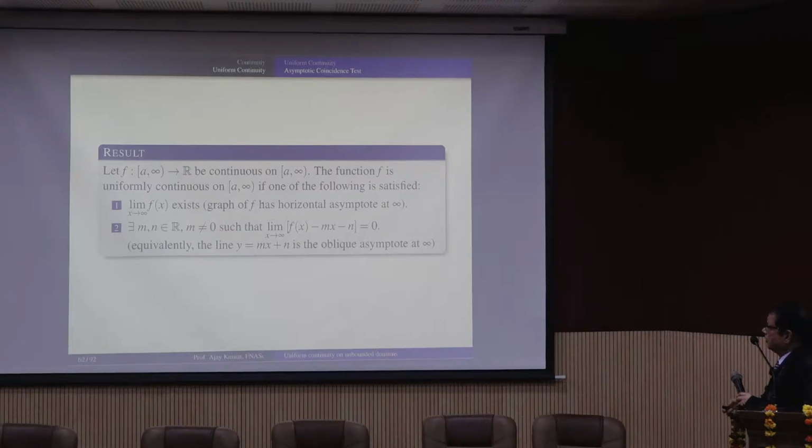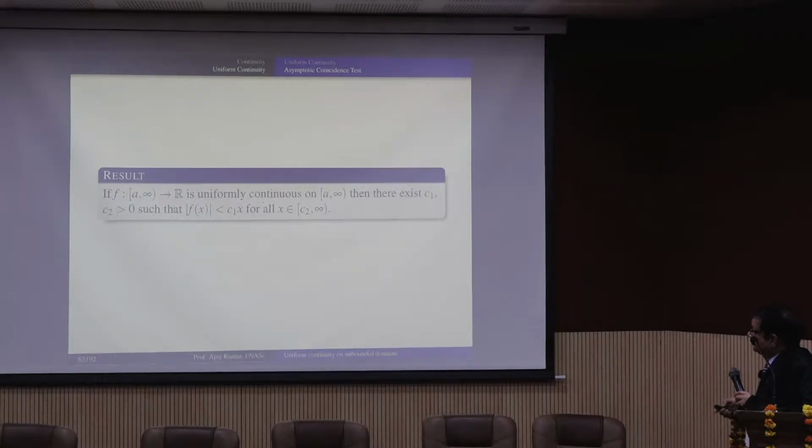This is a well-known thing. If the limit exists and there is an oblique asymptote at infinity, then the function is going to be uniformly continuous. Next, if it's dominated by a line, then it is uniformly continuous: modulus of f(x) is at most c1 times x, then the function is going to be uniformly continuous.